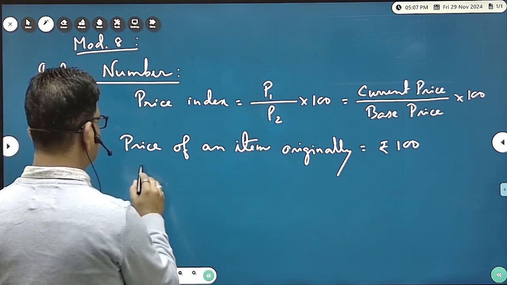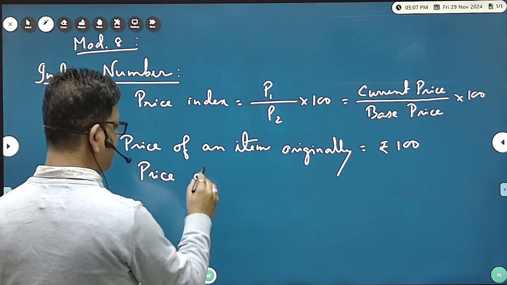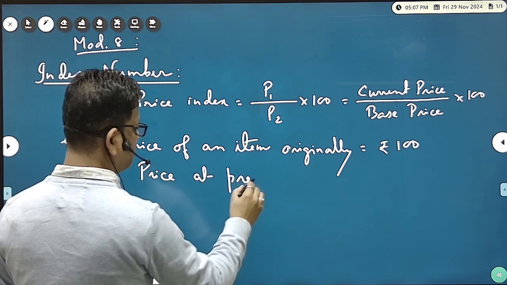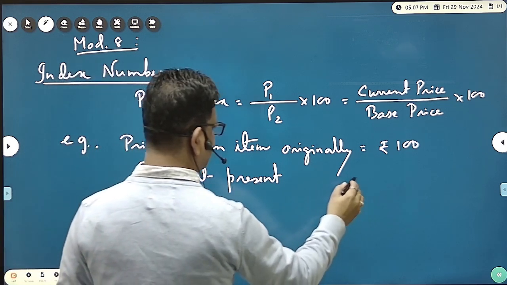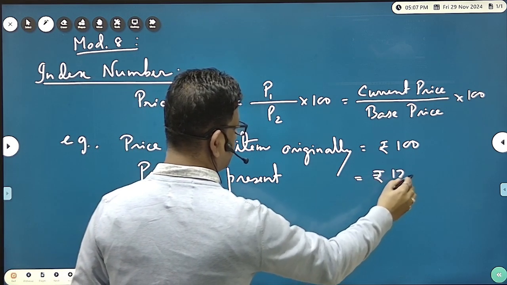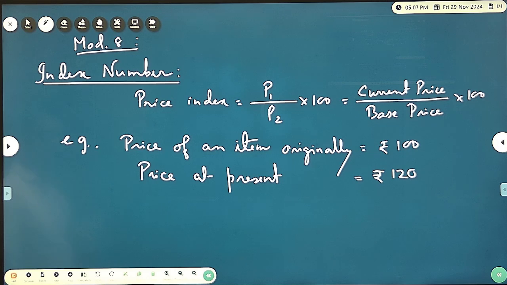Now suppose the current price at present of that same item has become 120. So original price was suppose 100, but due to many different factors the price got increased. Suppose now the price is 120.